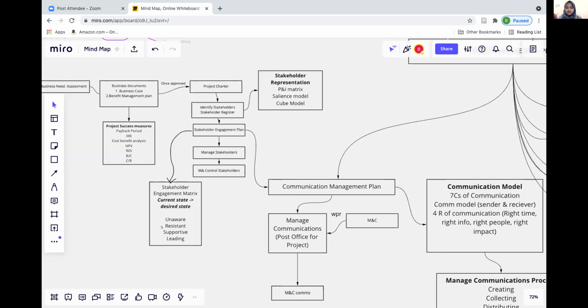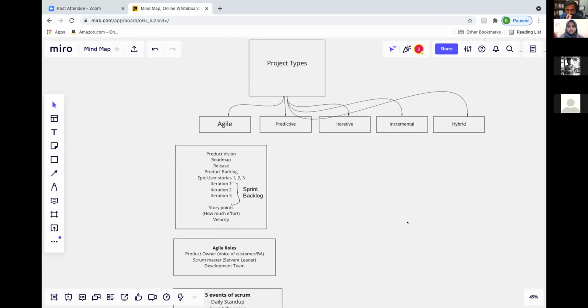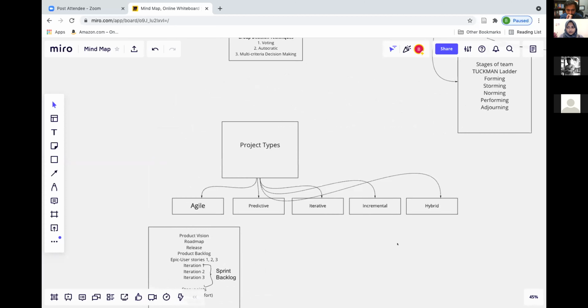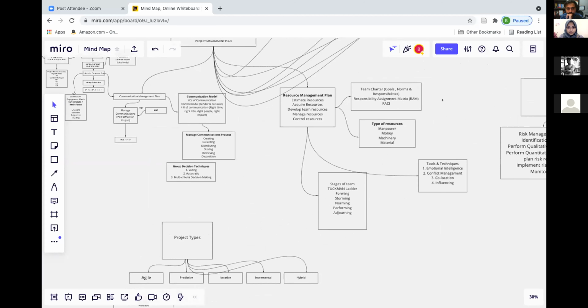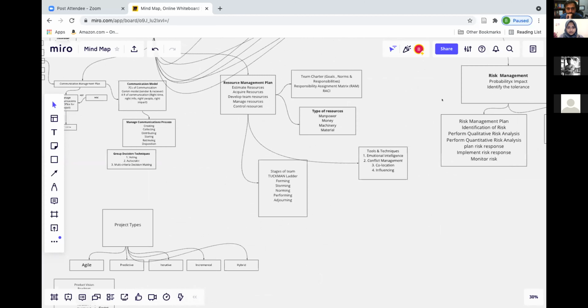I can't see it here. I will start from the resource management. Can you just bring it to the resource management? Yeah. Okay, fine. I can start from there. Can you hear me, everyone? Yeah, please go ahead.